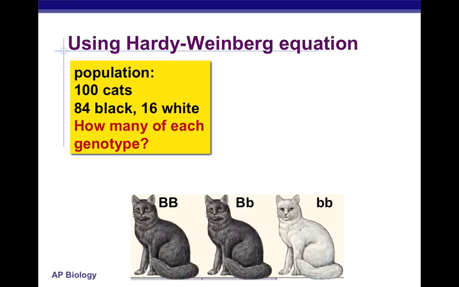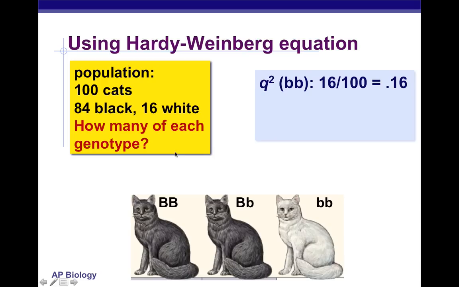So, hypothetically, you had 100 cats, 84 black, 16 are white. How many of each genotype? So that means you're trying to find how many homozygous dominant, homozygous recessive, and heterozygous individuals. First of all, we know there are 16 white individuals. White's recessive, so in order to be white, you need to be little b.